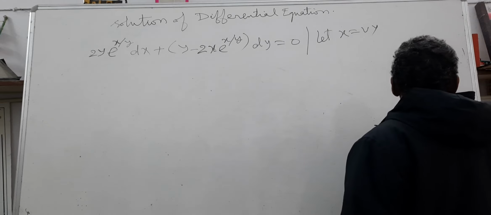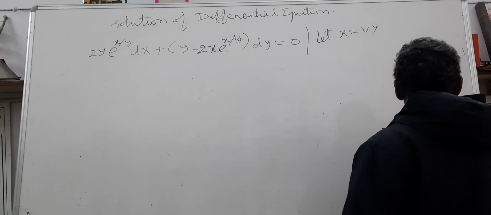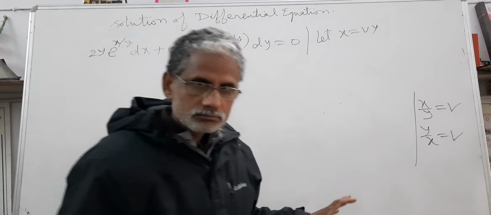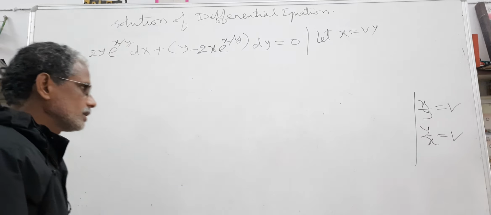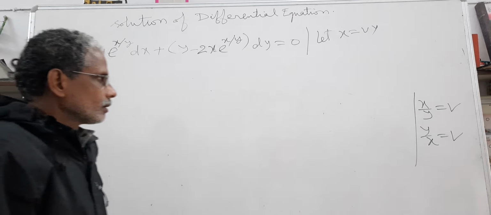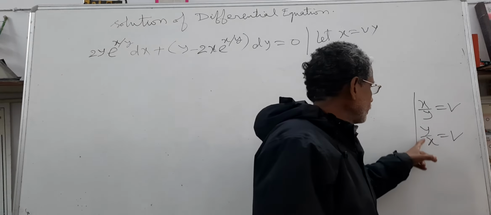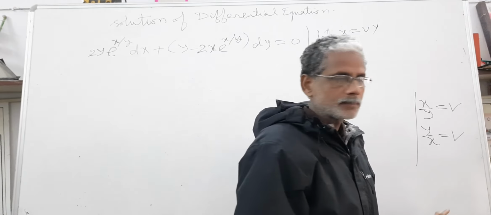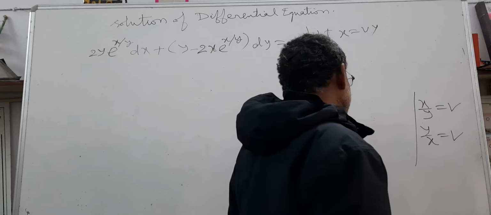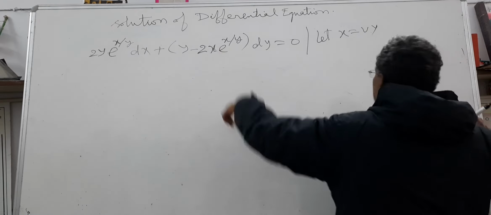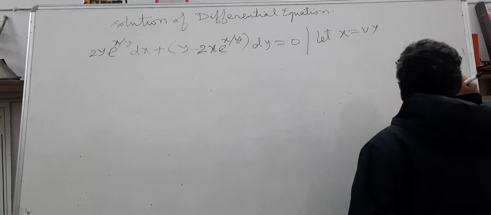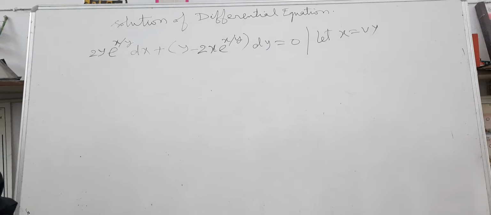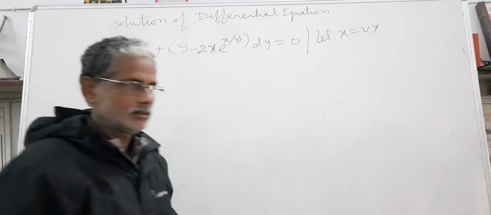The rule is either x upon y is equal to v or y upon x is equal to v, not 1 upon v. So here x upon y is given, therefore we assume x upon y is equal to v, that is x is equal to vy.